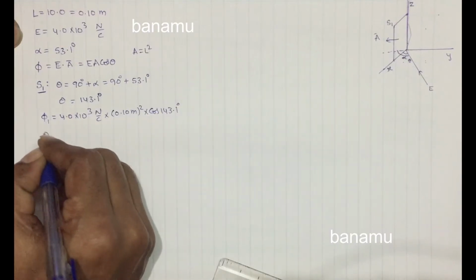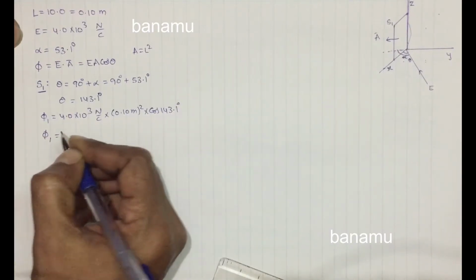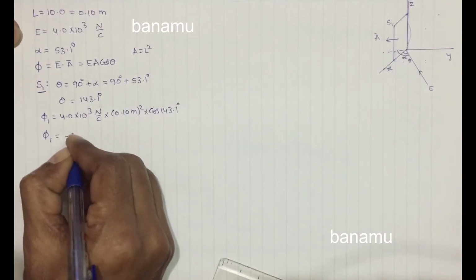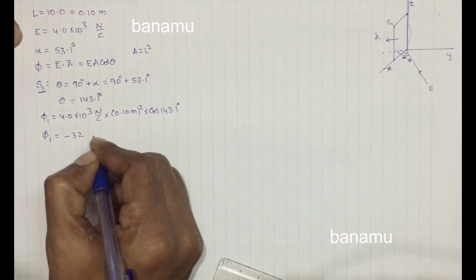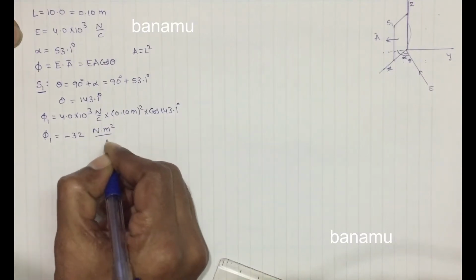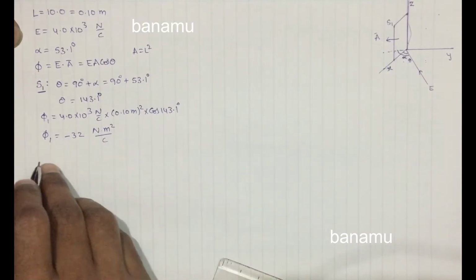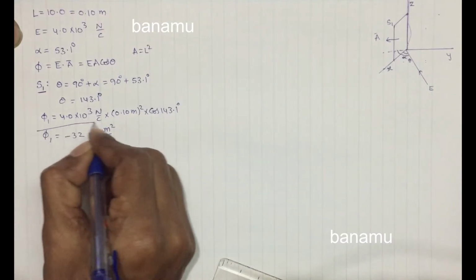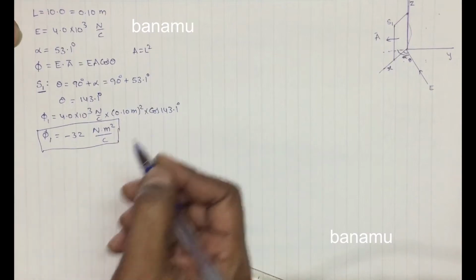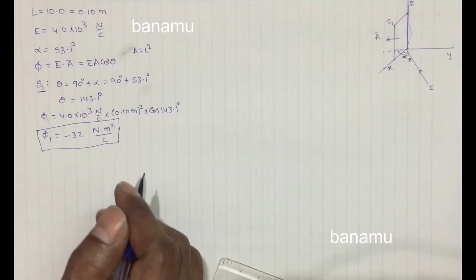So phi 1 is equal to minus 32 Newton meter square per Coulomb. This is the electric flux at the surface S1.